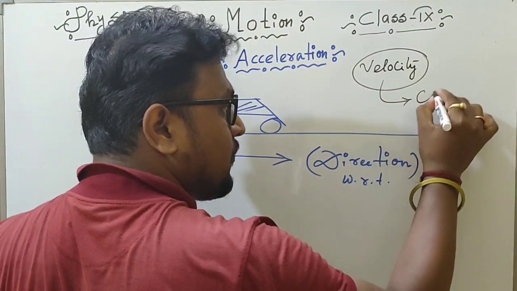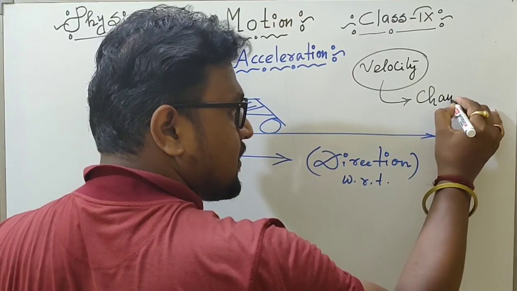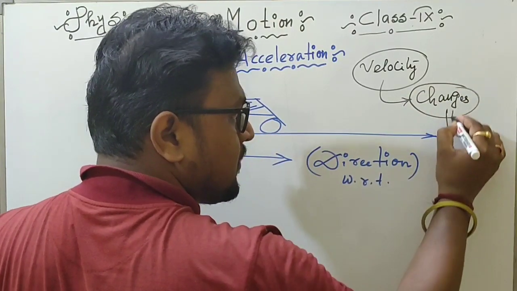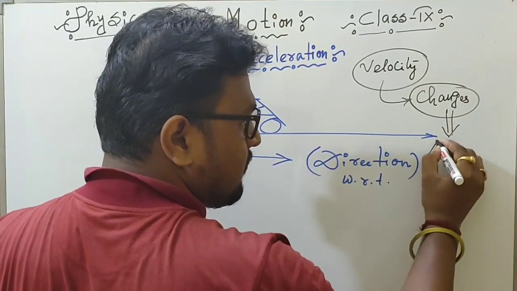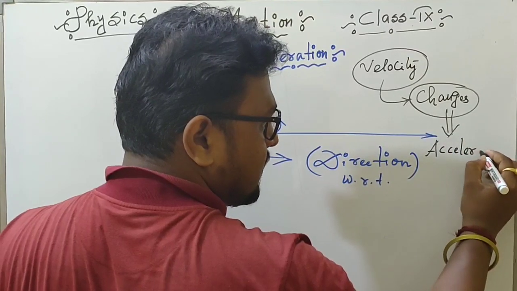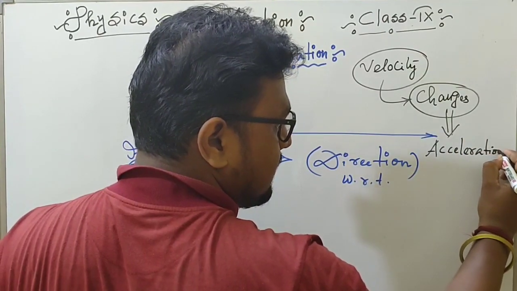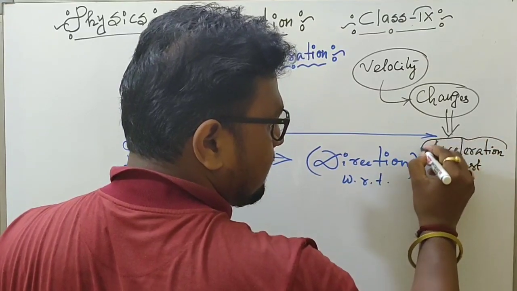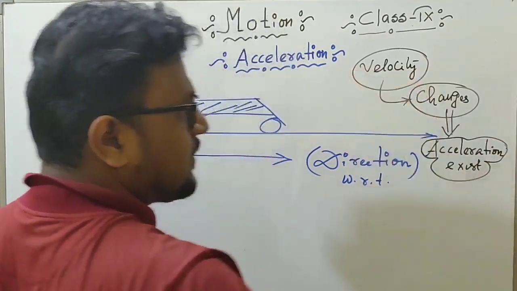When velocity changes, that means at that moment an object is accelerated, which means acceleration exists. Is the concept clear?